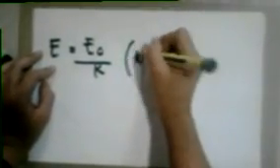Then E, electric field, is equal to E0 over K. This is when charge Q is constant. And we denote this as our equation 14.